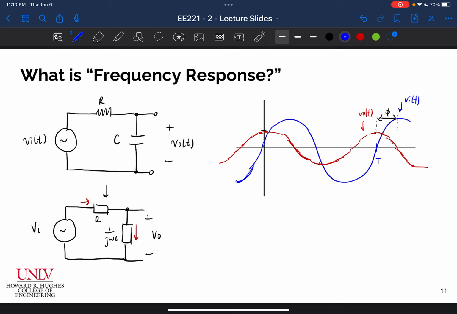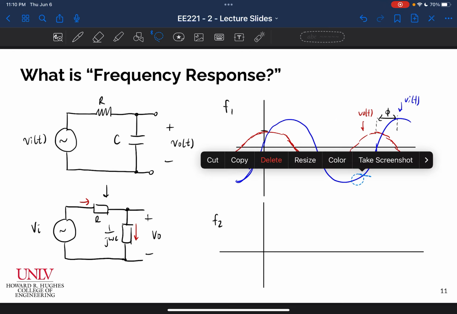So these two signals have the same frequency, but they have a different magnitude and they're out of phase from one another. And if I were to take this exact same circuit at one frequency, let's say that this is at frequency F1, and I were to solve the circuit again at some other frequency, let's say some frequency F2, I would get, for the exact same input, let's see if I can take the exact same input, roughly.